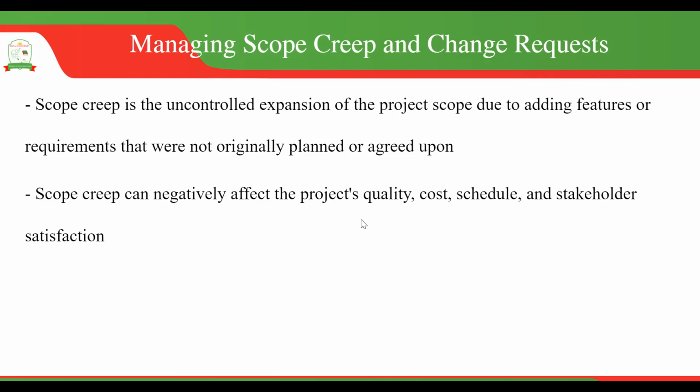You did not agree on this thing, but now you're including it. So you are making the work more cumbersome, but you are not including resources. You're not taking into the fact that you need more resources to accomplish what you had agreed upon. Okay, so that is what we call scope creep. So you need to manage it properly.